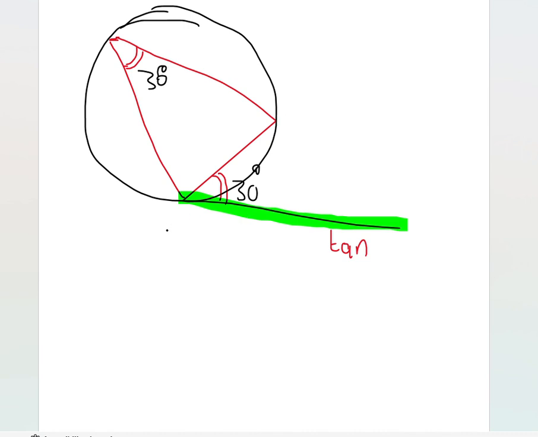And the reason for that is tan chord theorem. Just write tan chord theorem and you're good to go. More examples on how to apply these theorems are there on my channel. So this lesson is just to remind you of some important theorems which you must know for exam purposes. So with this, you must be able to know the tan chord theorem.